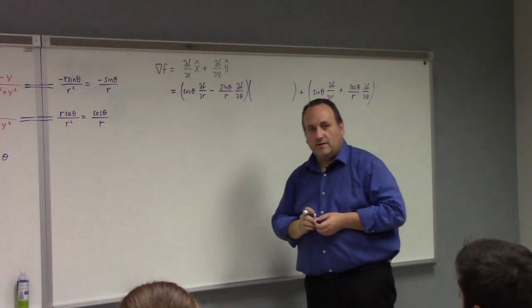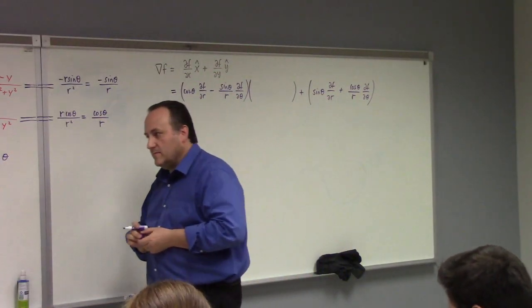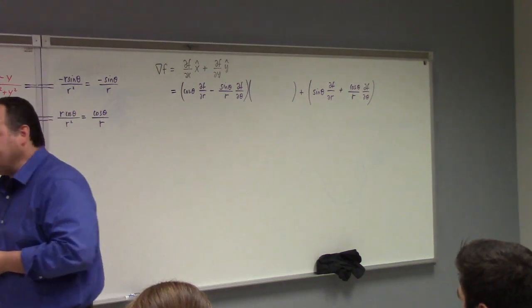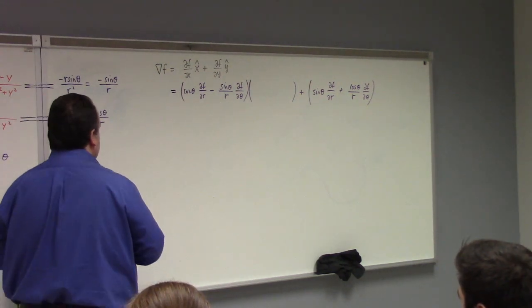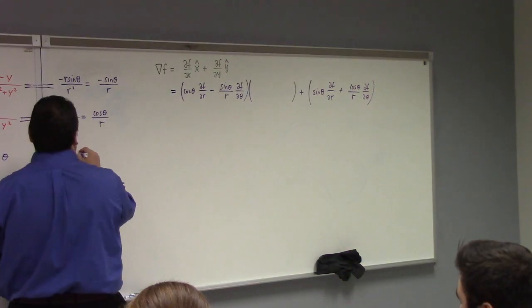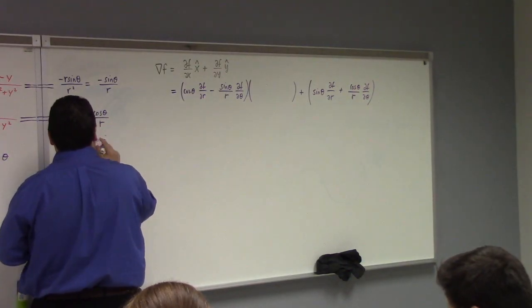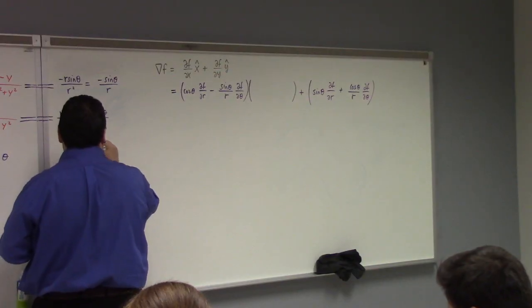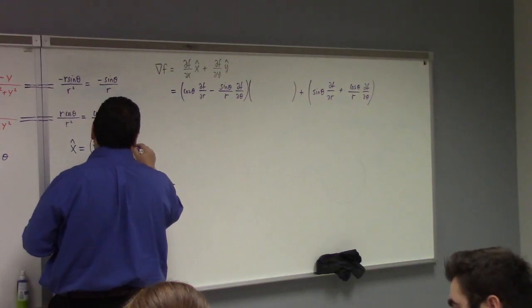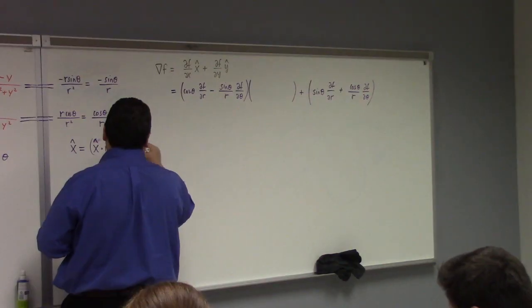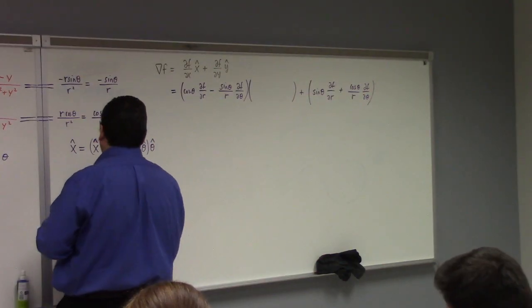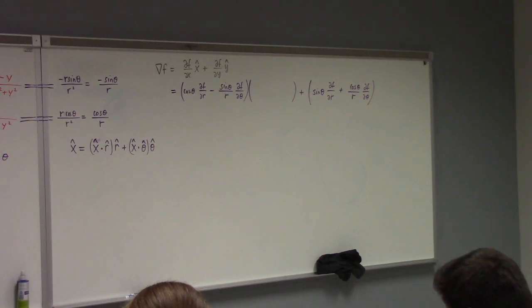So you tell me, how do we put x hat in terms of r hat and theta hat? How about this? X hat should be equal to x hat dot r hat times r hat plus x hat dot theta hat times theta hat, because r hat and theta hat form a basis for the vectors, so any vector, in particular x hat, can be written as a linear combination of the r hat and theta hat directions.